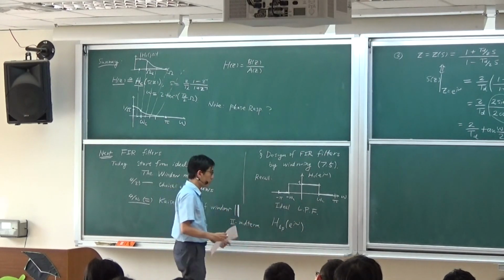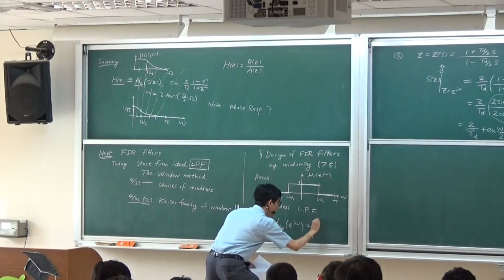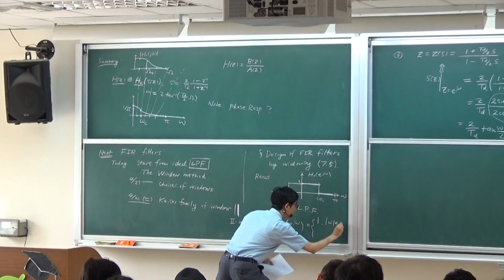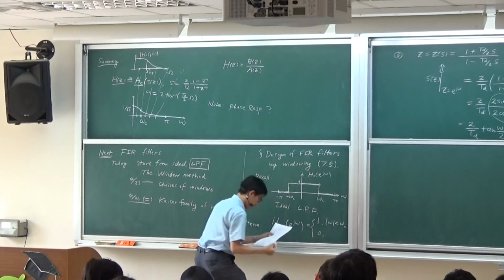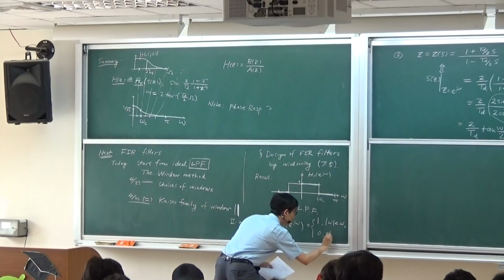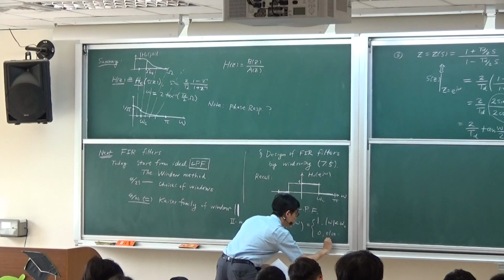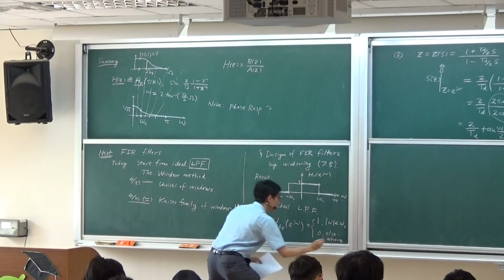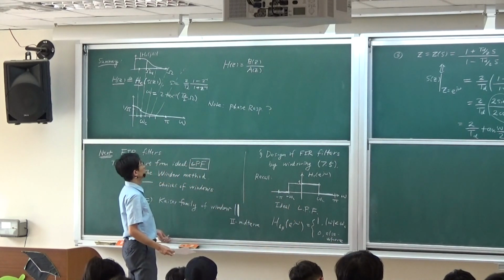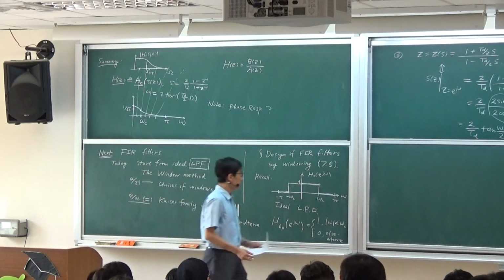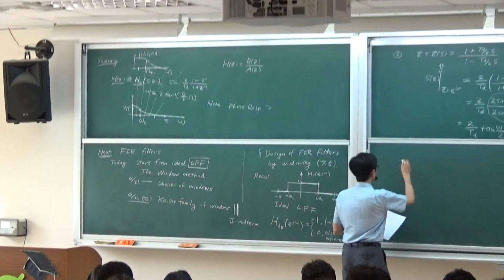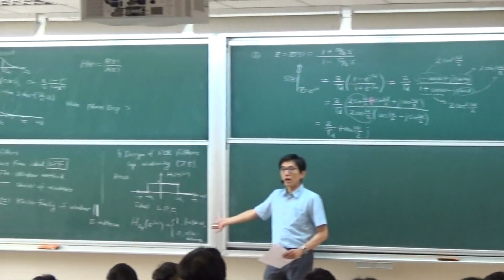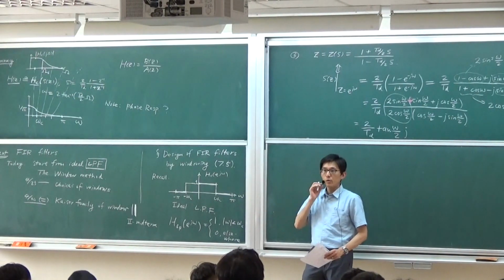The ideal low-pass response should be 1 in the pass band and 0 elsewhere. So let's make that derivation. This is the ideal low-pass response in the frequency domain.